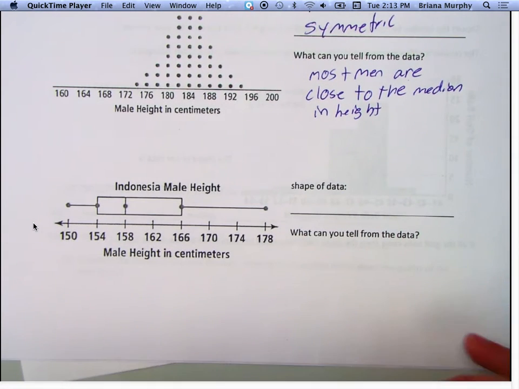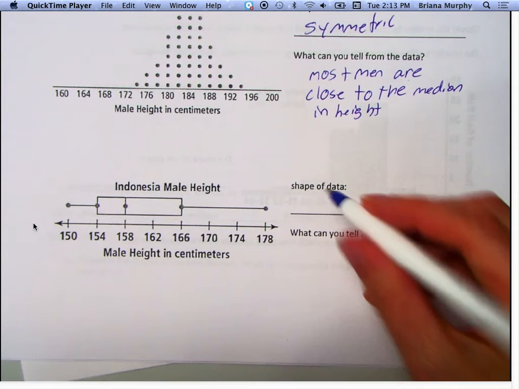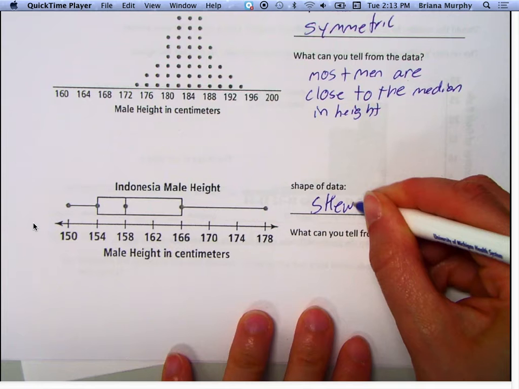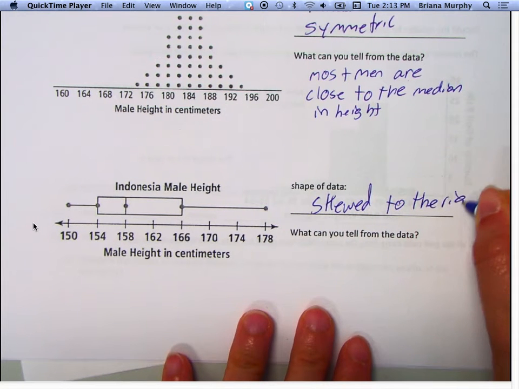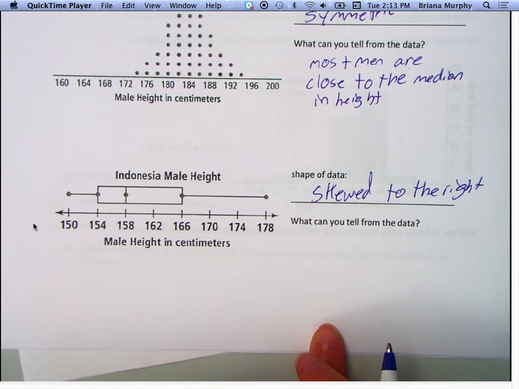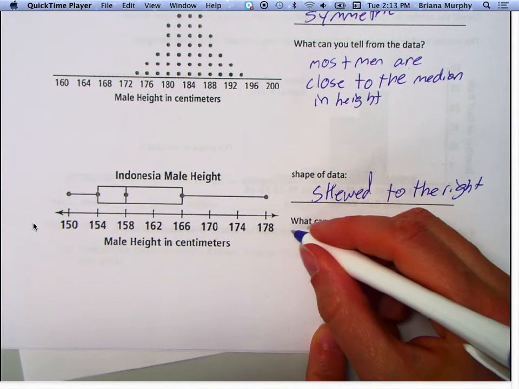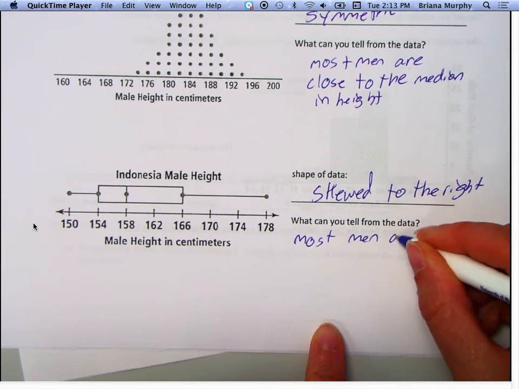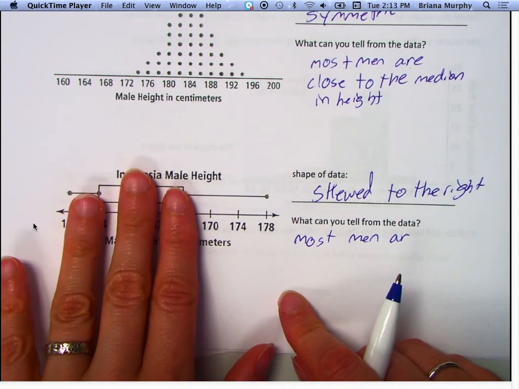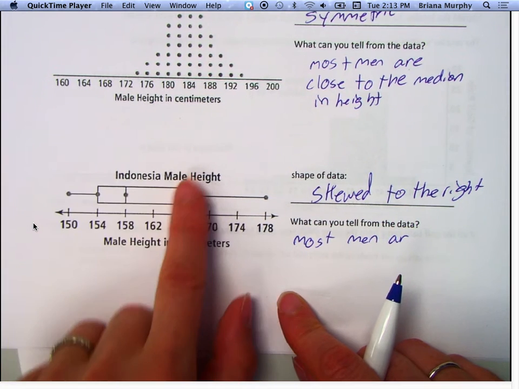This might be a little harder to tell. Is this skewed to the right or to the left? To the right. Good. Skewed to the right. Which means what? Most men are taller than... Why is it skewed to the right? See this box right here?